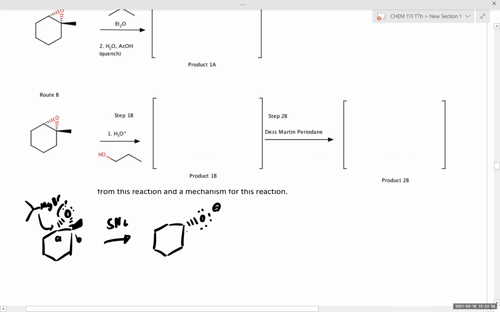And now this is really important. What is the stereochemistry of our installed alkyl group? If our alcohol's pointing down, is our Grignard syn or anti to the alcohol? Anti, yeah.